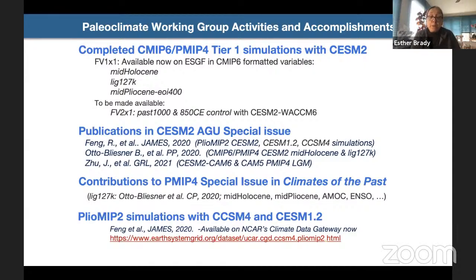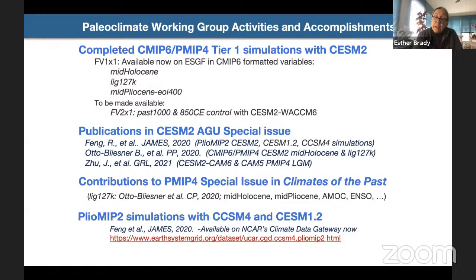We also have a number of contributions to the PMIP4 special issue in Climate of the Past. Betty Otto-Bliesner has led a paper for the intercomparison for the LIG 127K simulation.